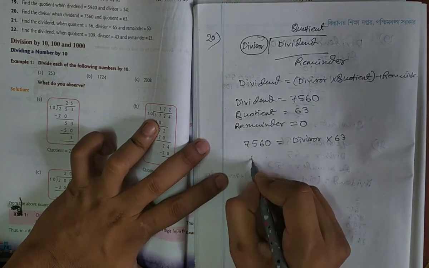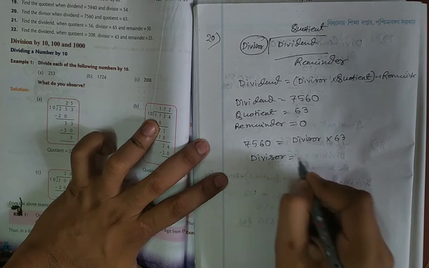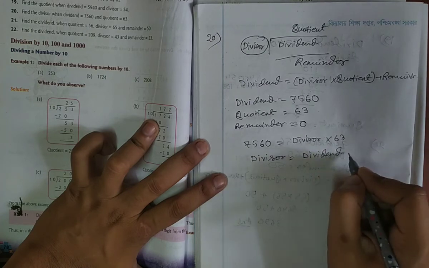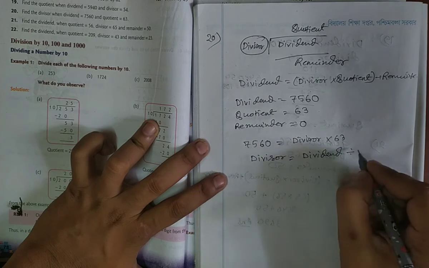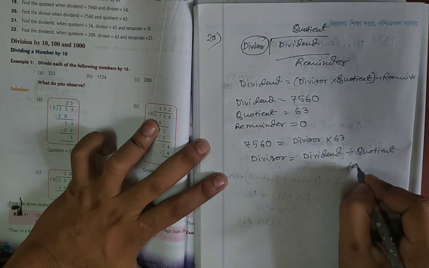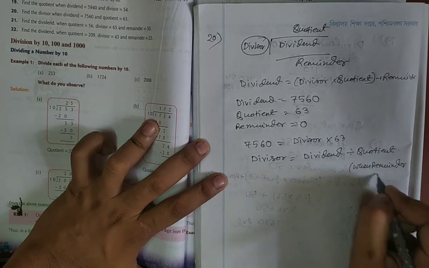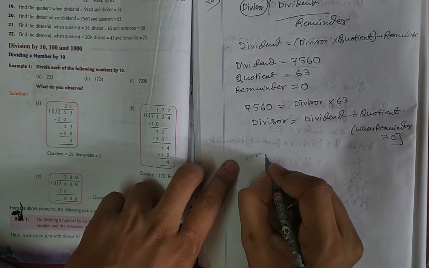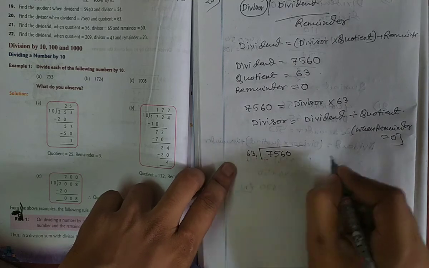So we have divisor equal to dividend divided by quotient when remainder equals 0. Now we divide 7560 by 63.